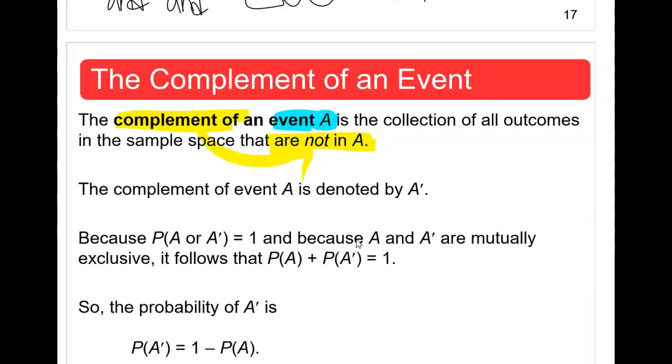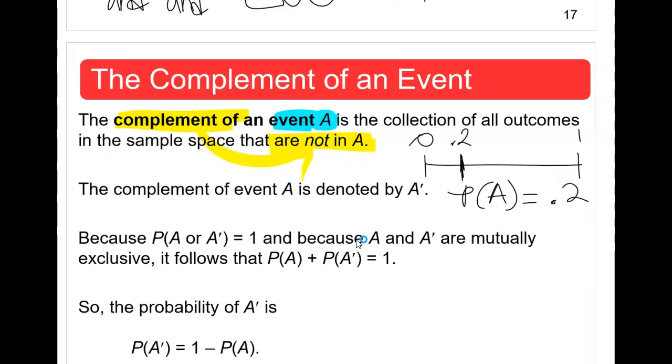Since probability goes from 0 to 1, let's pretend that the probability for A is right here at 0.2, for example. So the probability of event A is 0.2.